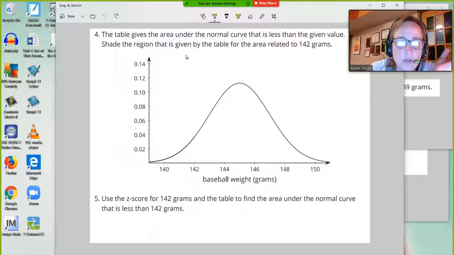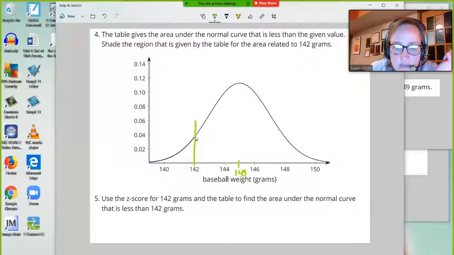Okay, so it tells us about this table giving area under a normal curve. So they've created this normal distribution curve for us with our mean right in the middle at 145 and our values at 142 right here.